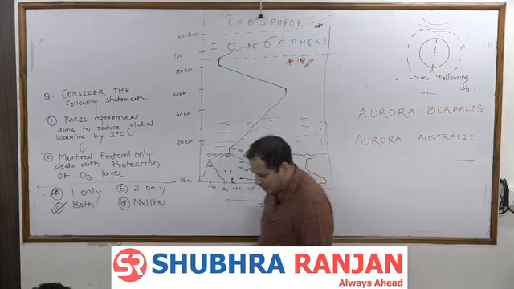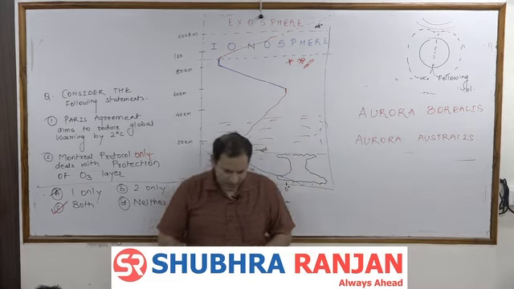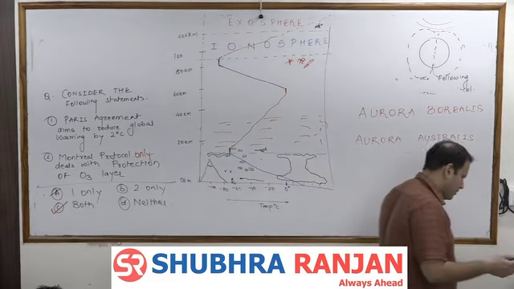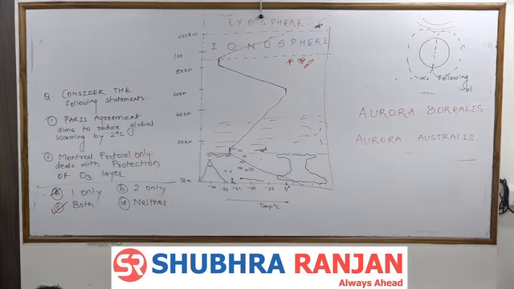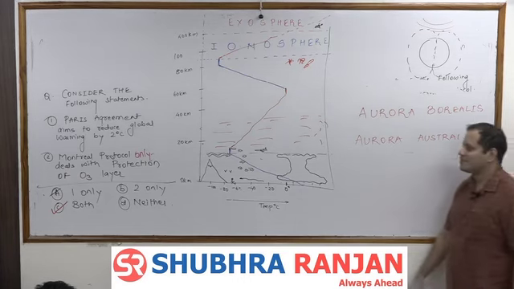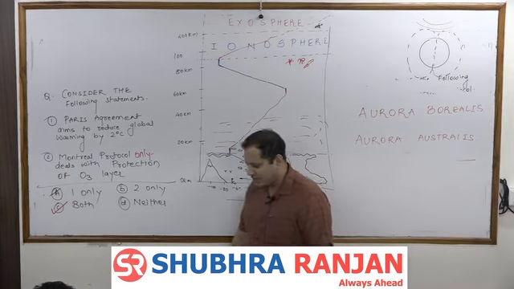That is aurora borealis in the northern hemisphere or at the North Pole. And aurora australis in the South Pole.